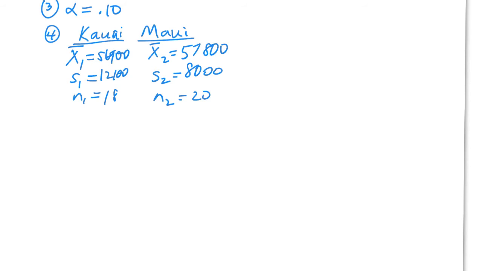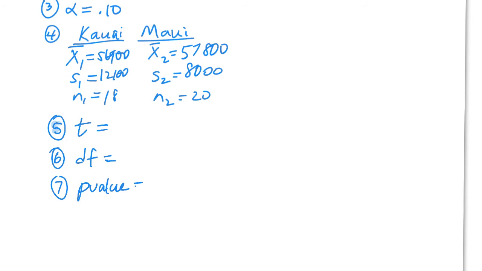Okay, so I'm going to run the t-test in the calculator because I believe you will find these steps much easier in the calculator as well. That means steps 5, 6, and 7 can be shortcutted to writing down what the test statistic is, the degrees of freedom, those special ones that the calculator uses, and the p-value from the calculator.